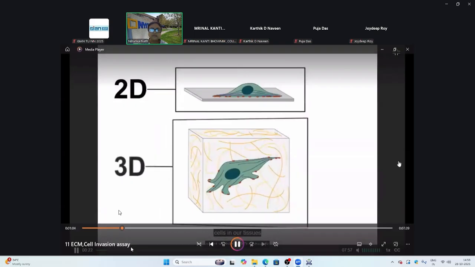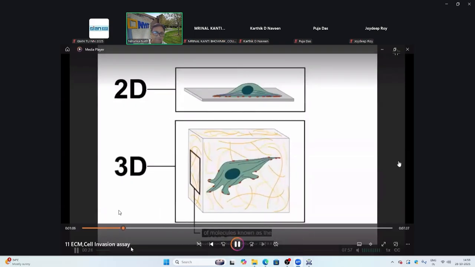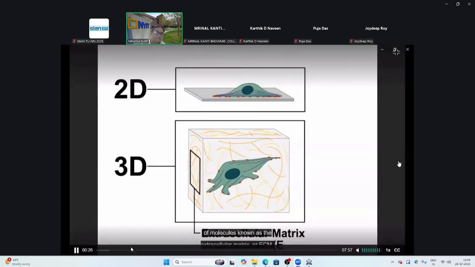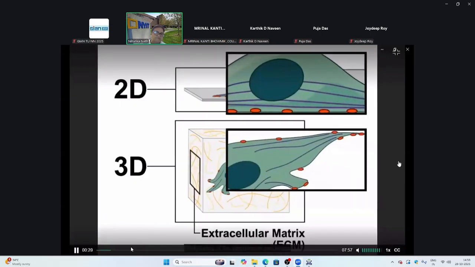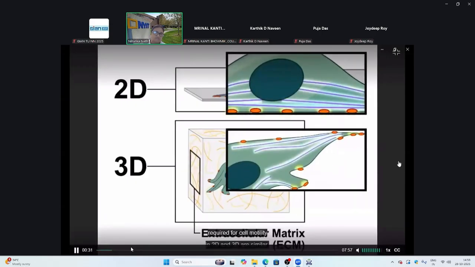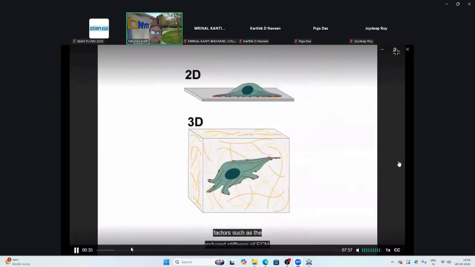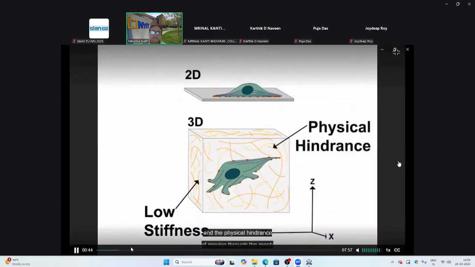Exist within a 3D network of molecules known as the extracellular matrix, or ECM. While many of the mechanistic processes required for cell motility in 2D and 3D are similar, factors such as the reduced stiffness of ECM compared to plastic surfaces, the addition of a third dimension for migration, and the physical hindrance of moving through the mesh of long polymers in the ECM all present different challenges to the cell compared to two-dimensional migration.